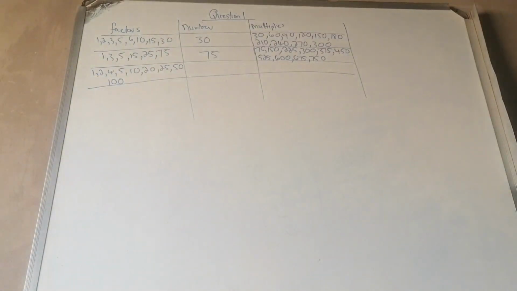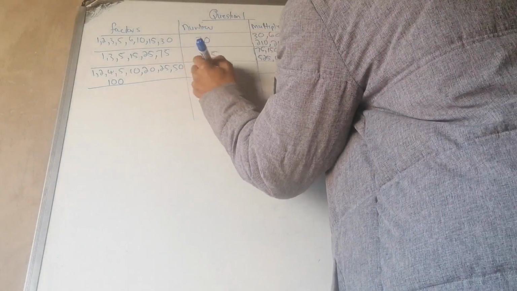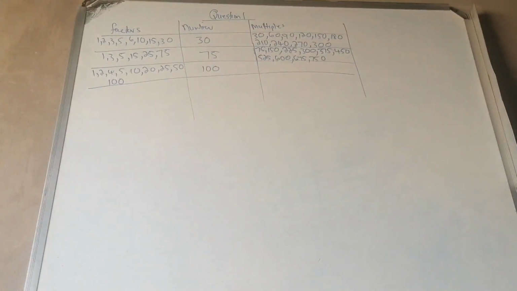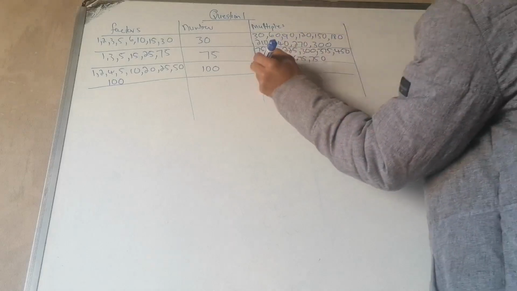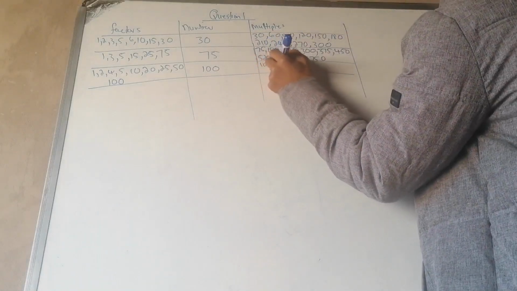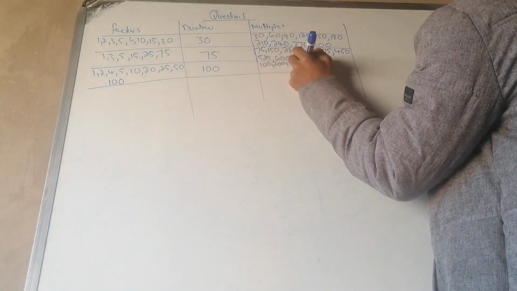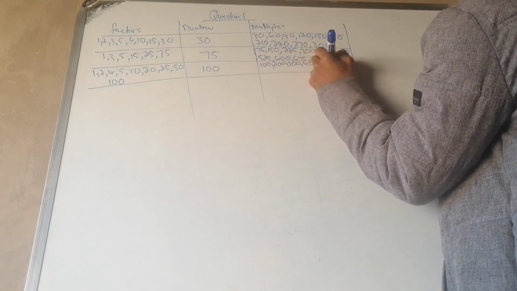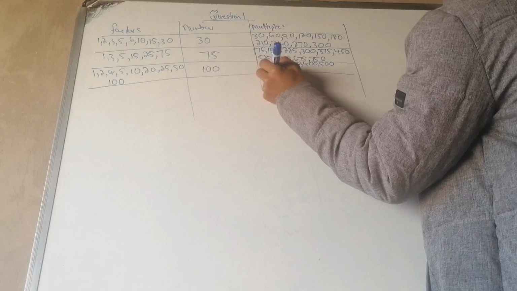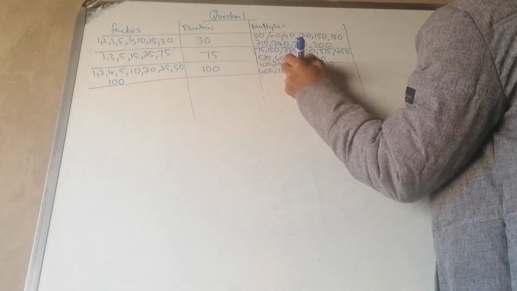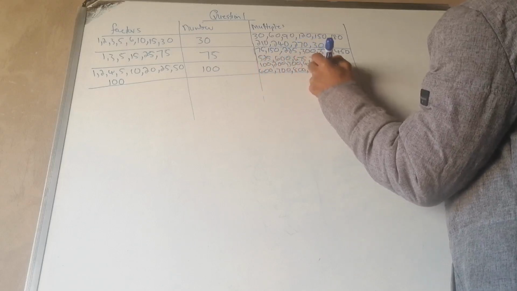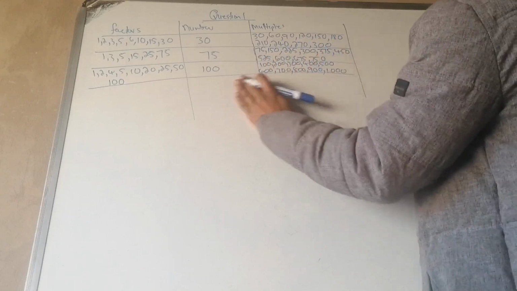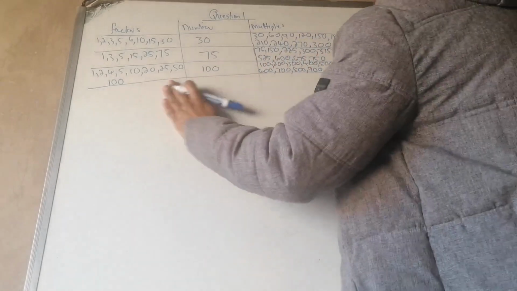The number is 100, and the multiples are 100, 200, 300, 400, 500, 600 and so on. So this is what is provided to us.